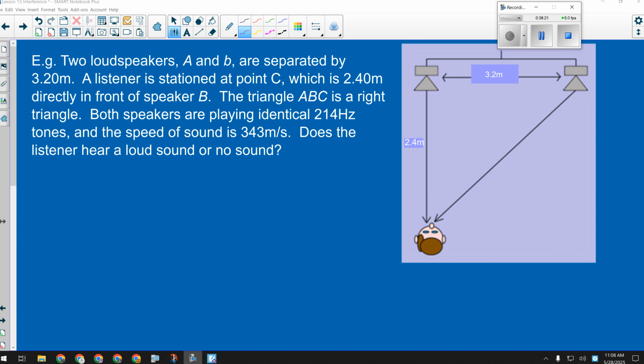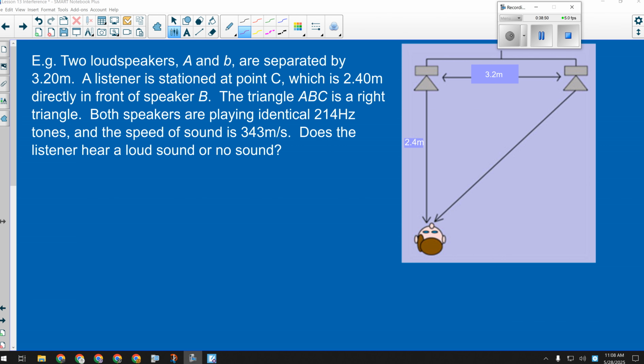So we've got this diagram that says the person's directly in front of one speaker, 2.4 meters. The speakers are 3.2 meters apart. If we're going to figure out how many wavelengths there are from each speaker to the observer, what am I missing from that triangle? Adam, what do I need on there? Yeah, I need this distance so I can figure out how many of the waves are there.